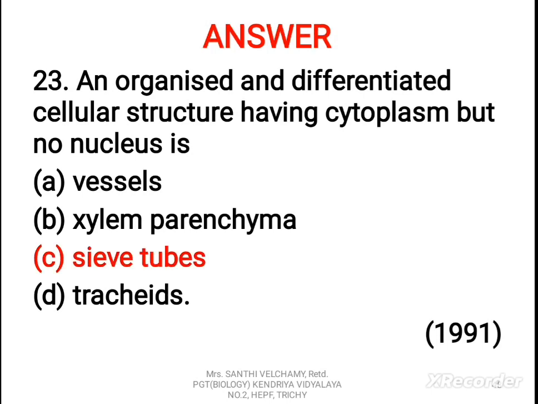The correct answer is C. Sieve tubes. So sieve tubes are living cells. The walls of the sieve tubes are thicker than the surrounding parenchyma cells. Cytoplasm occurs in the form of a thin lining enclosing a big central vacuole.